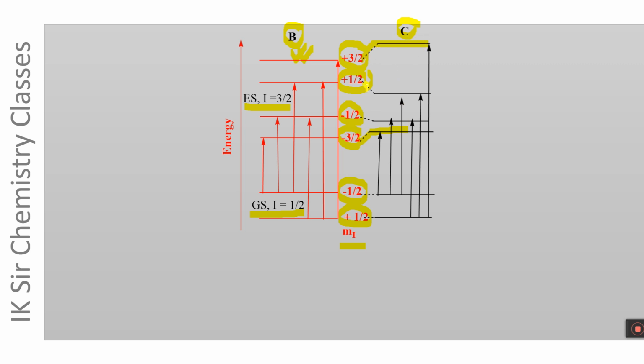On the other hand, the energy of Mi equals plus 1/2 and minus 1/2 decreases in the excited state. But in the ground state, these energy levels remain unaffected, because the nuclear electric quadrupole moment is significant only when I is greater than 1.